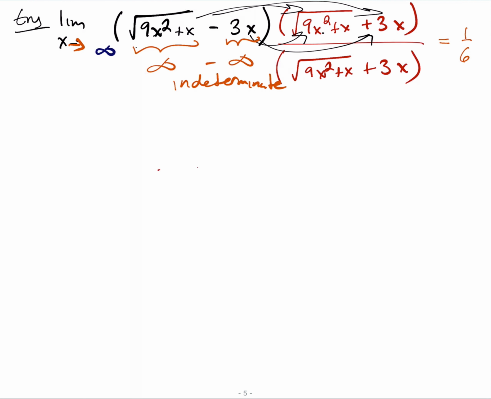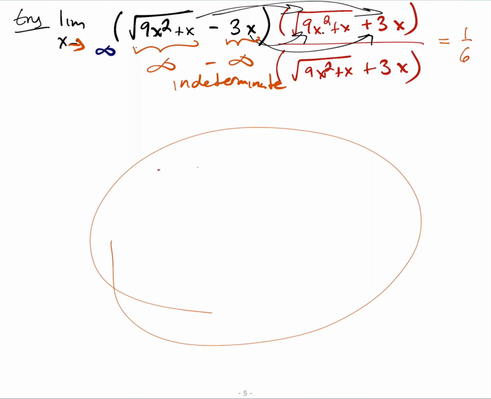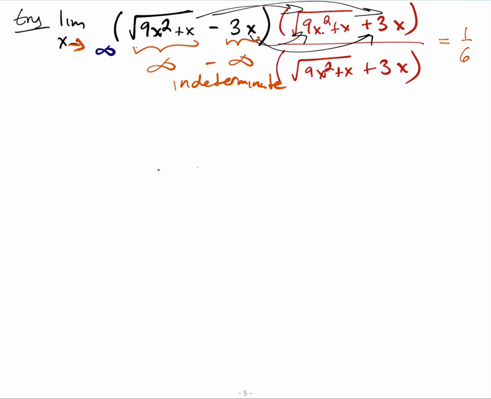I erased it, but it was 1 over the square root of 9 plus 3, which is 1/6.